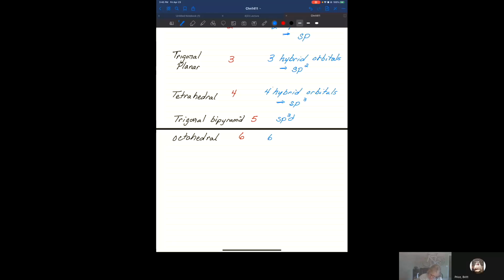So we need 6 hybrid orbitals: sp3d2. Okay.